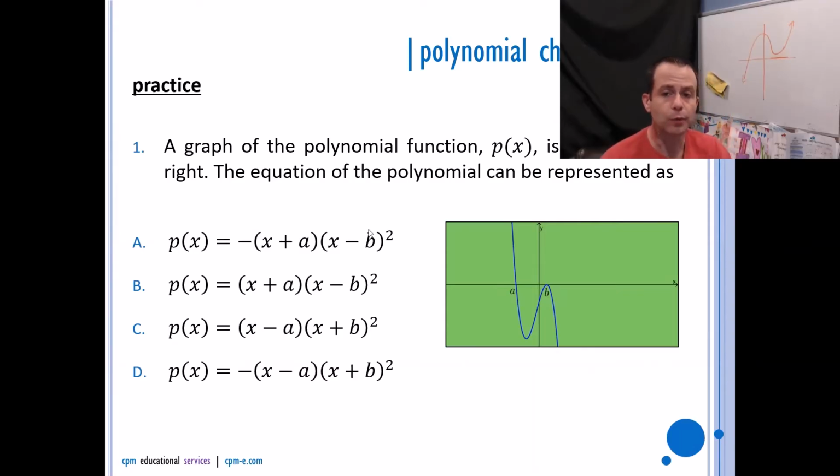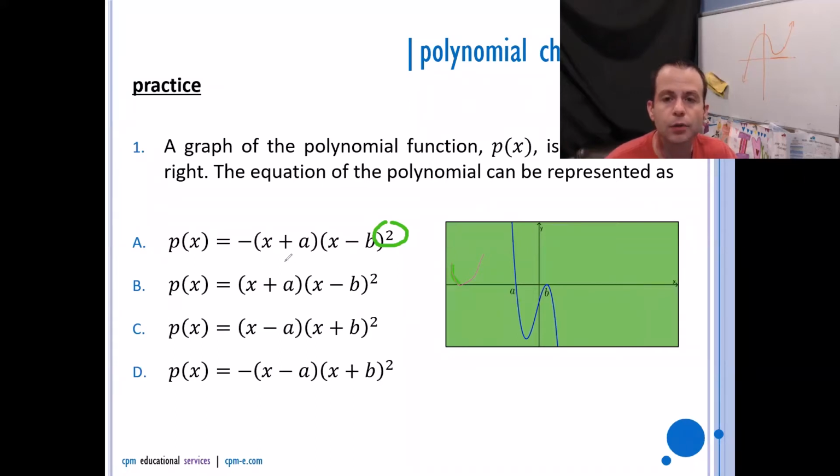When we see that square on a factor, it means I'm going to hit the x-axis like this or like this, but essentially I'm going to be on the x-axis. That turning point is on the x-axis.